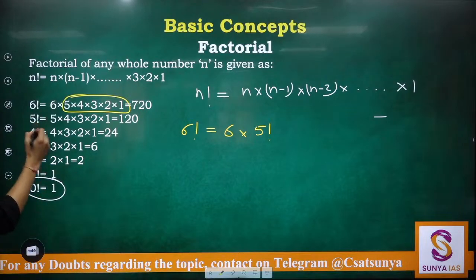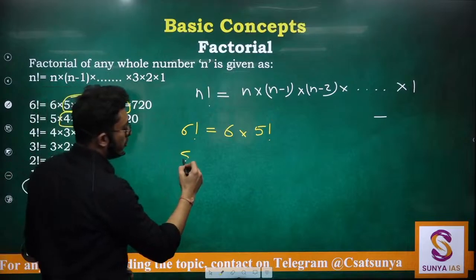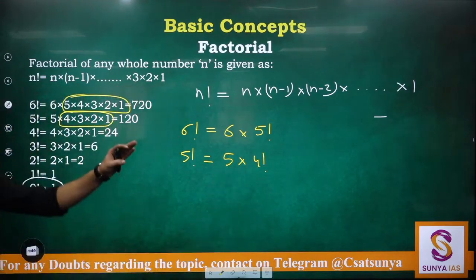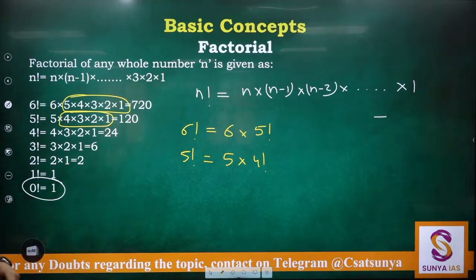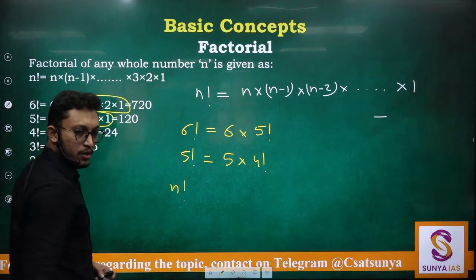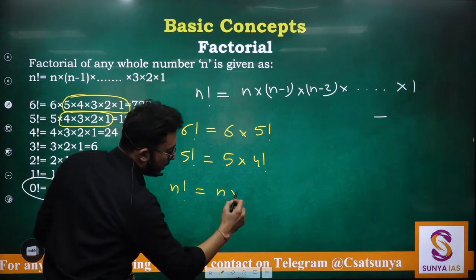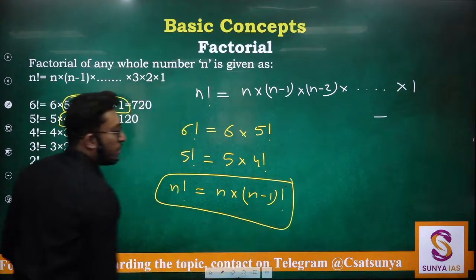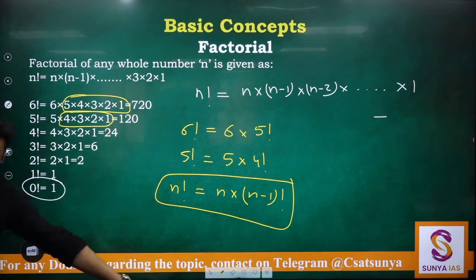If you can see 5 factorial, what is this? 4 factorial. So 5 factorial can be written as 5 into 4 factorial. ऐसे ही I can break it down. In a way, n factorial can be written as n into (n minus 1) factorial. I can break it down and go like this.